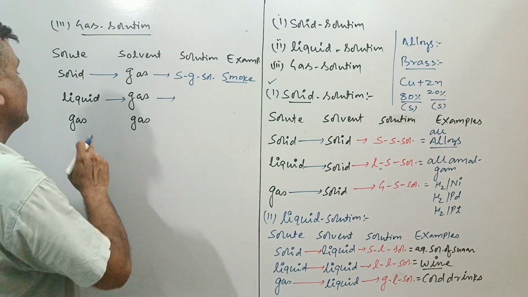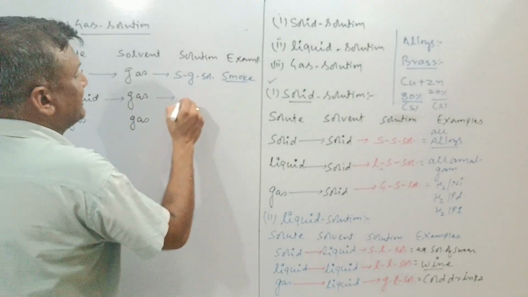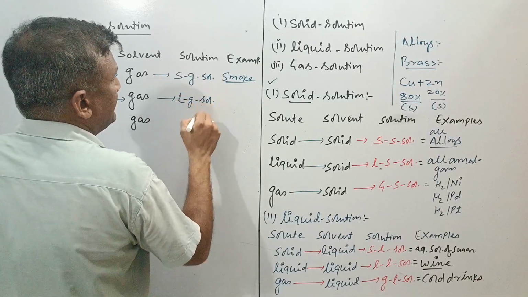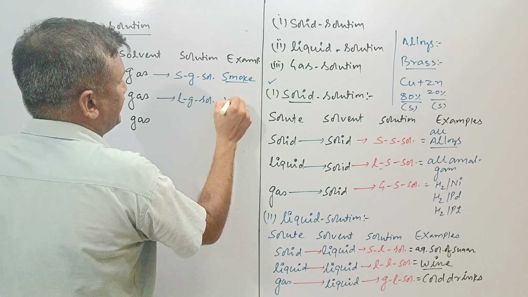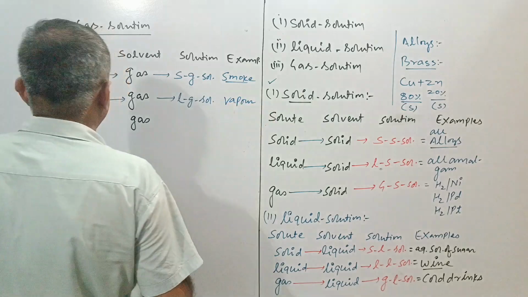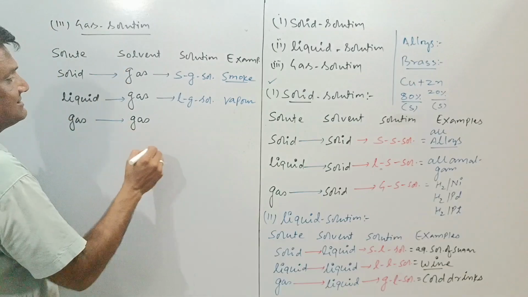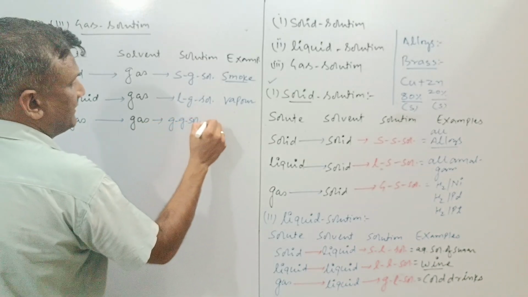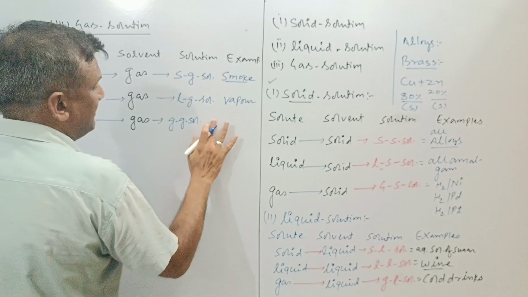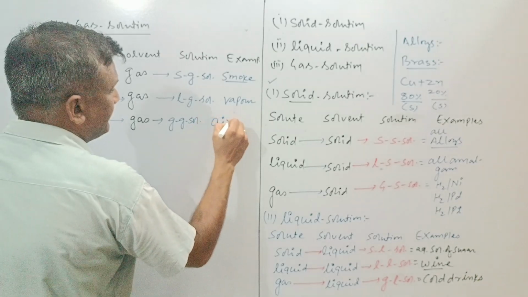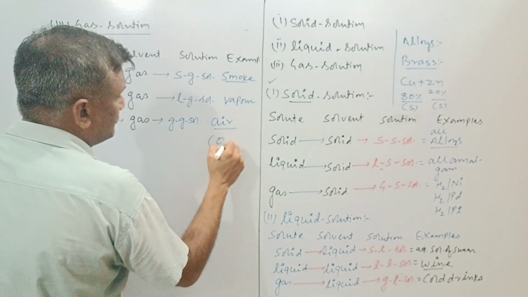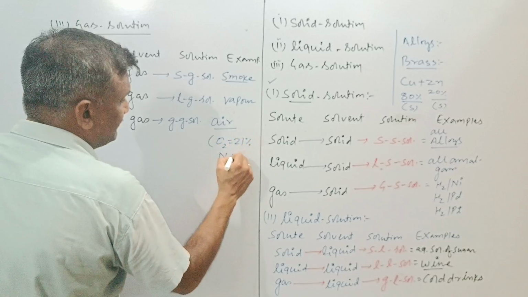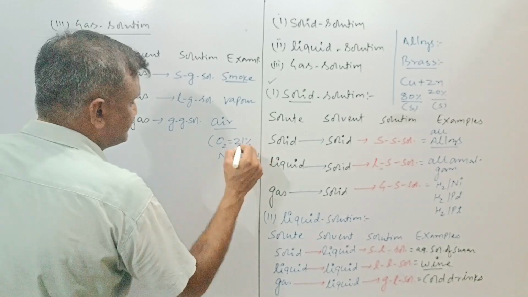And for the liquid gas solution, we can take the example of vapor. If we go further, gas in gas is called gas solution. For this, we can take the example of air, where O2 is 21% as solute and N2 is 78% as solvent.